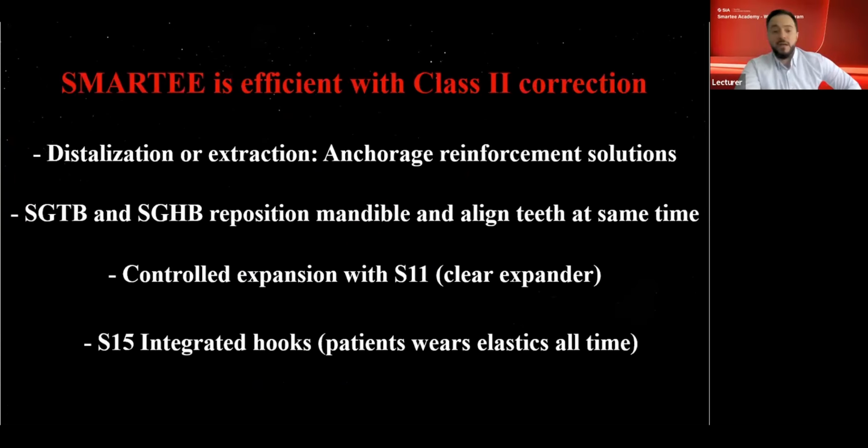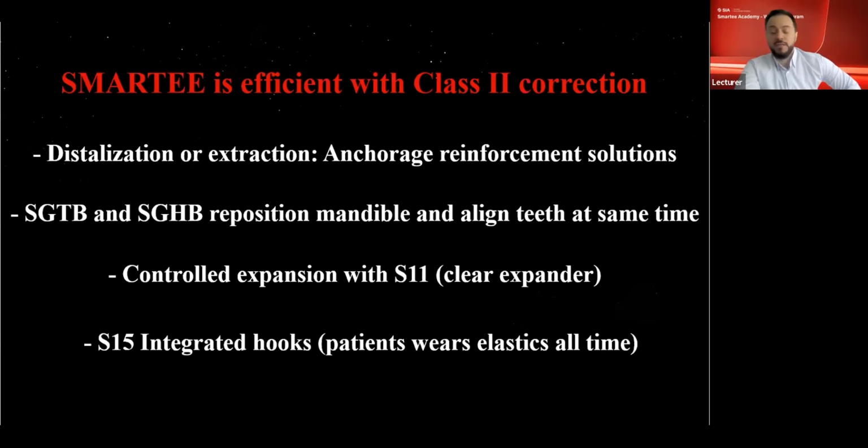In many class 2 cases where we need to do some expansion, we can achieve a more predictable expansion by having the clear expander, and also by incorporating the integrated hooks and buttons. We can ensure that the patient is wearing the elastics most of the time.